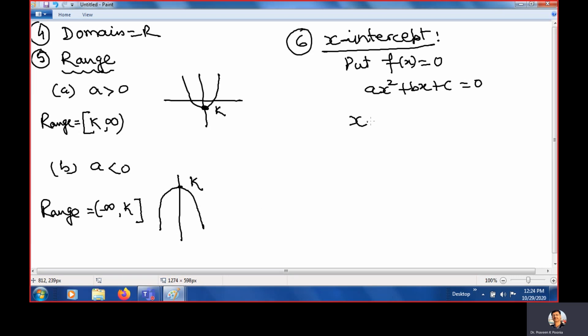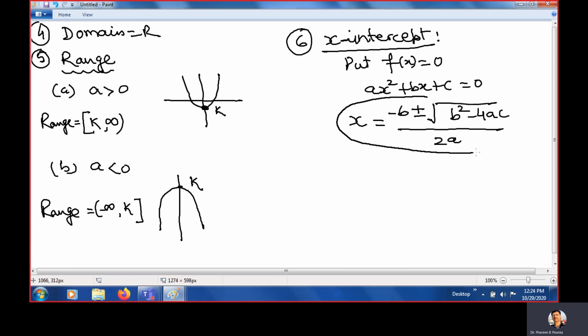You need to solve it by the quadratic formula that you learned in basic mathematics: x = (-b ± √(b² - 4ac)) / 2a. It will give you two values, the x-intercepts on the x-axis. Because this is a quadratic function, in this question we will get a maximum of two x-intercepts. Sometimes there is no x-intercept.